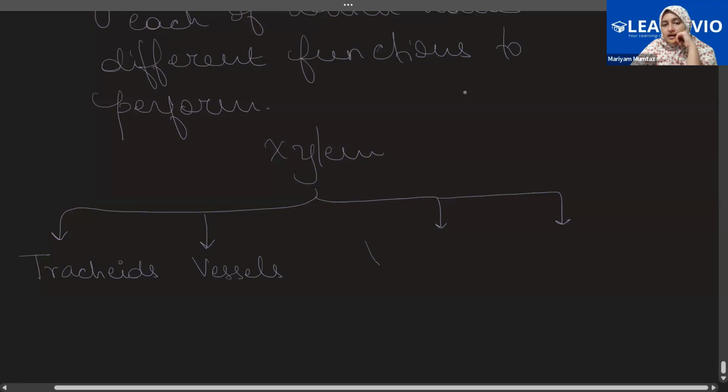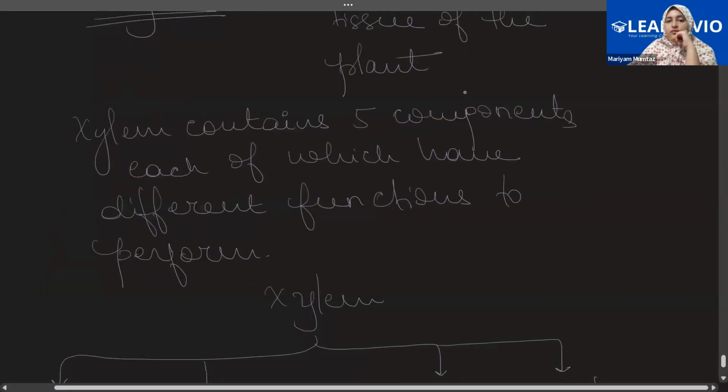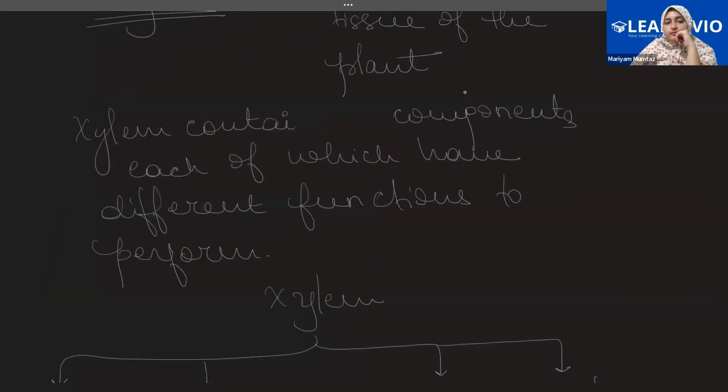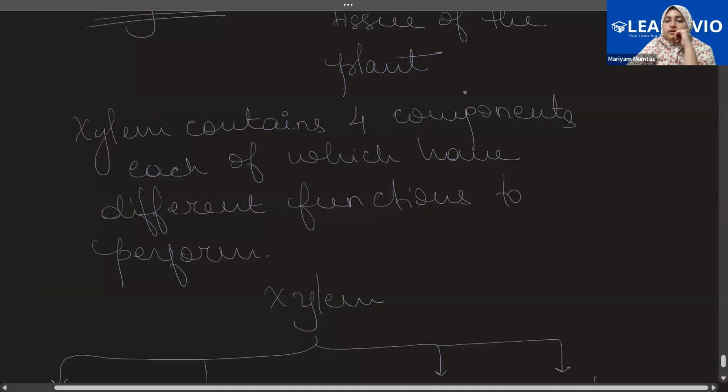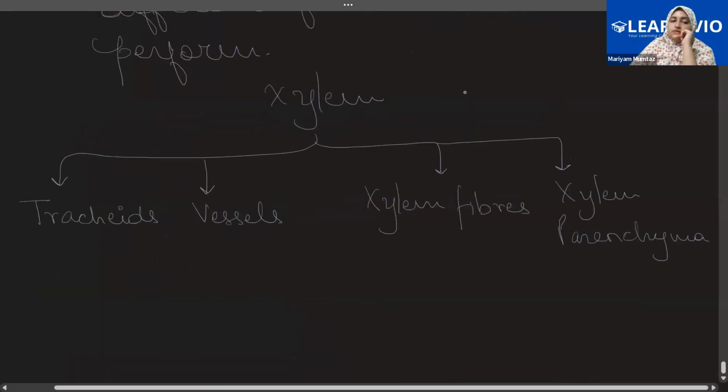Then it has xylem fibers. And then it has xylem parenchyma. Okay, 4 components are there. For your level, we'll only talk about 4: tracheids, vessels, xylem fibers, xylem parenchyma.